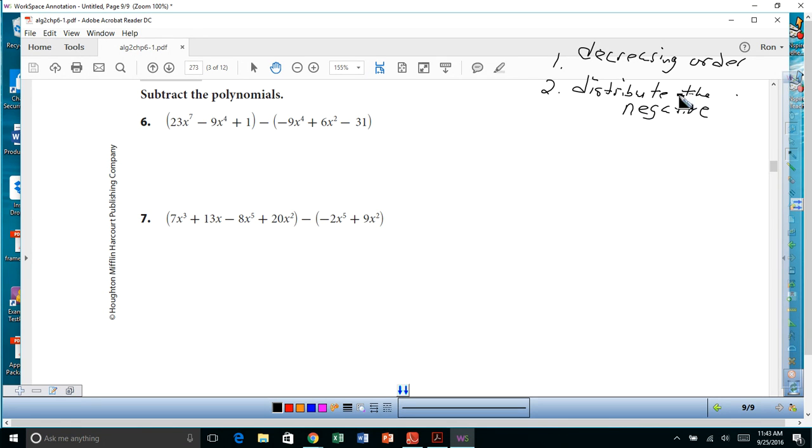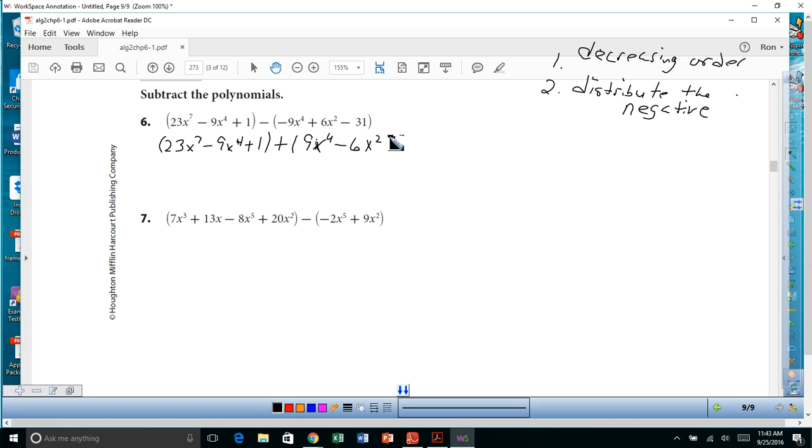Distribute the negative. So this is going to be 23x to the 7th minus 9x to the 4th plus 1. And then plus, and we're going to distribute this. Negative times the negative, that's going to be positive 9x to the 4th. And then that's going to be minus 6x squared.